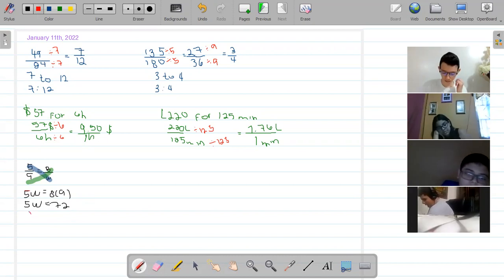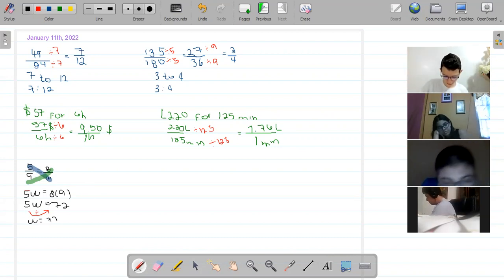So this 5 goes to the other side doing what? Dividing, very good. So we got W is equal to 72 divided by 5. And we divide this and you give me the decimal.